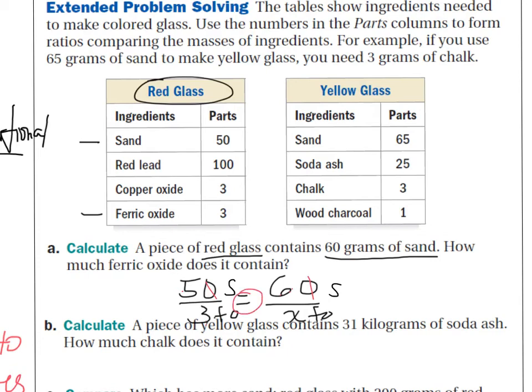So now we can cross multiply. 5 times x is 5x. 6 times 3 is 18. So equal to 18. Isolate the variable x. So 18 over 5, and rewrite it as a mixed number, 3 and 3/5 ferric oxide. That's your answer.